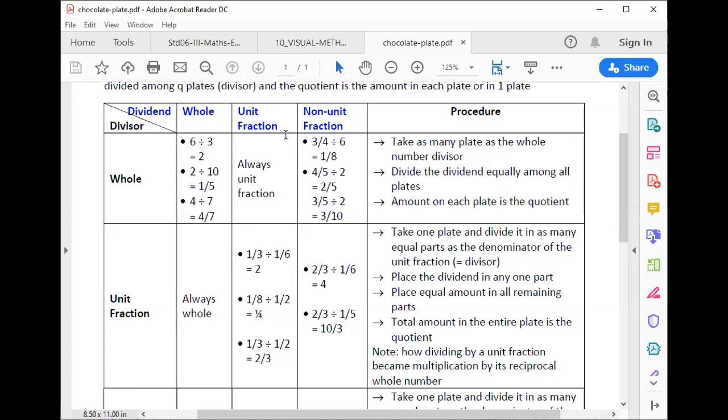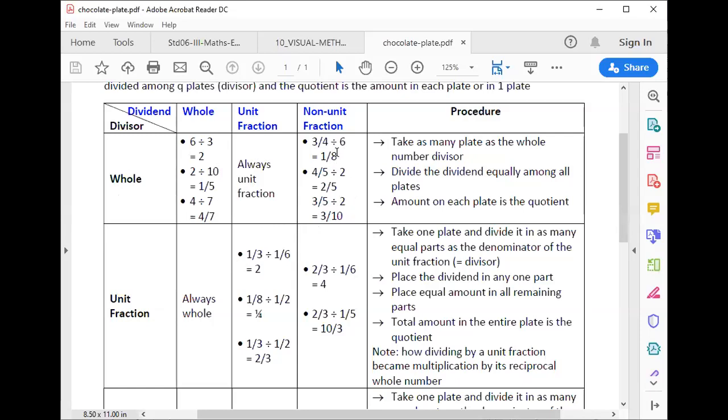So that is what these examples try to capture. If you divide a unit fraction by a whole number, you will always get a unit fraction. So no further bifurcations here. And when you divide a non-unit fraction by a whole number, you can get two possibilities here.